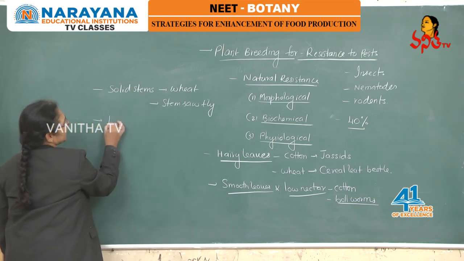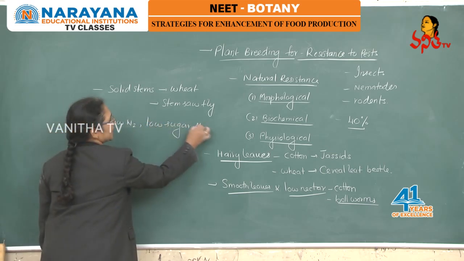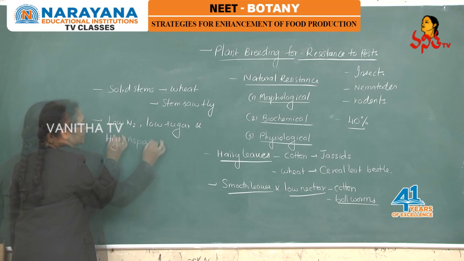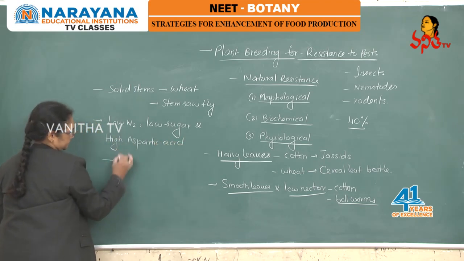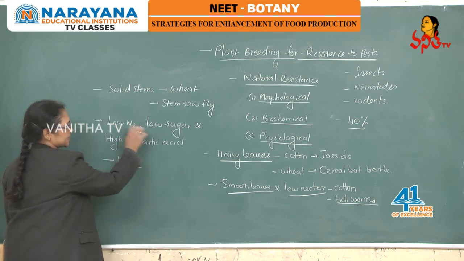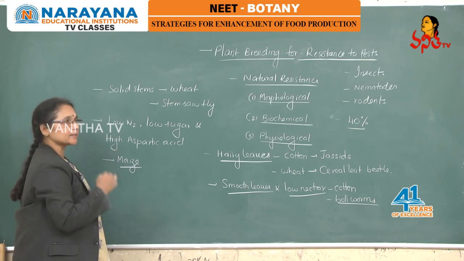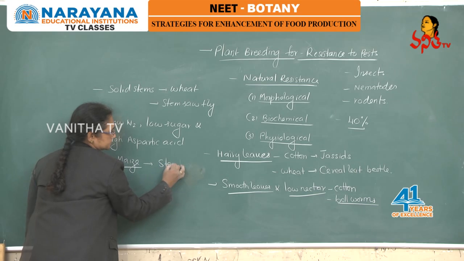Similarly, low nitrogen, low sugar and high aspartic acid are not preferable by stem borer in maize. So these are the characters which are present naturally in the maize which are not preferable to stem borer.